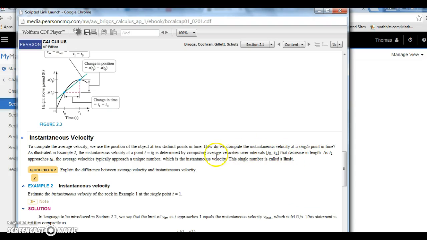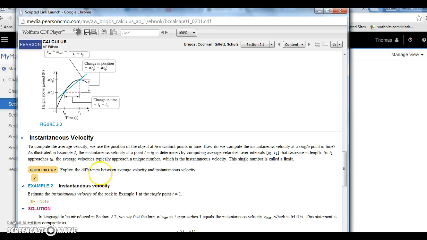We're going to make this interval smaller and smaller until it approaches very close to this initial time t0. As t1 approaches t sub 0, the average velocity typically approaches a unique number, which is the instantaneous velocity. This is our limit.